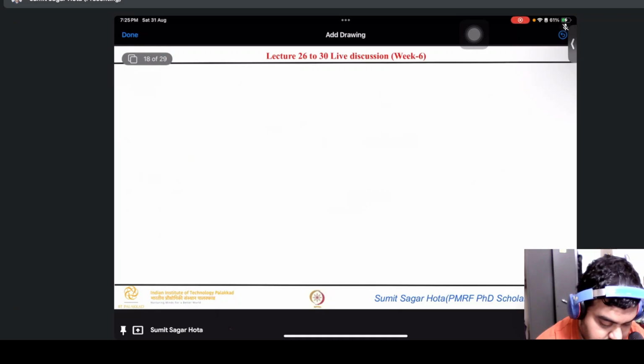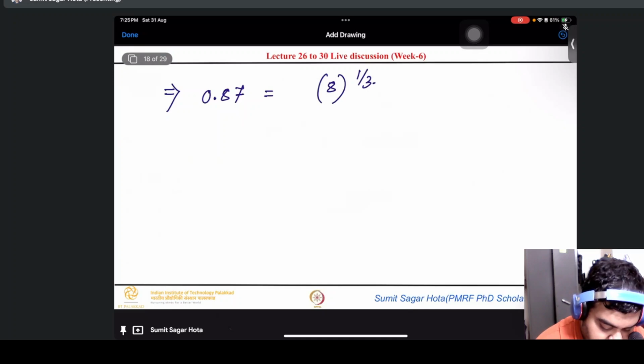So 0.87 is equal to 8 to the power 1 by 3.5 into T1 minus T1, why?